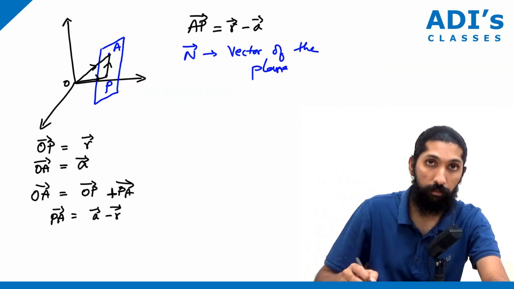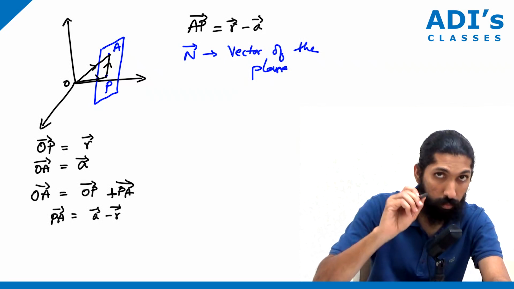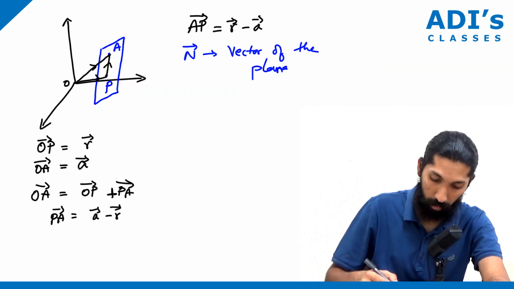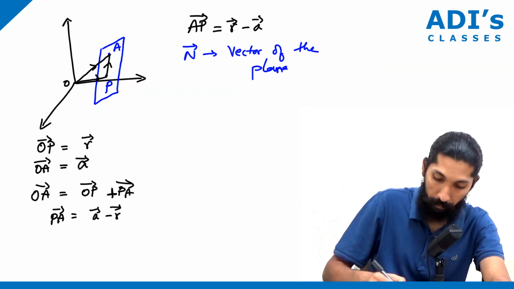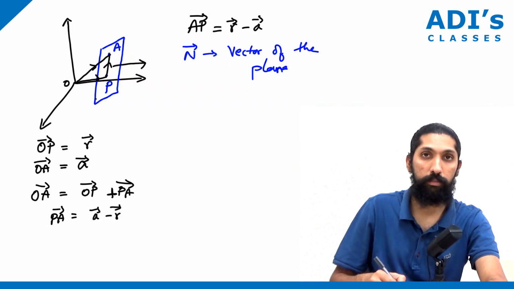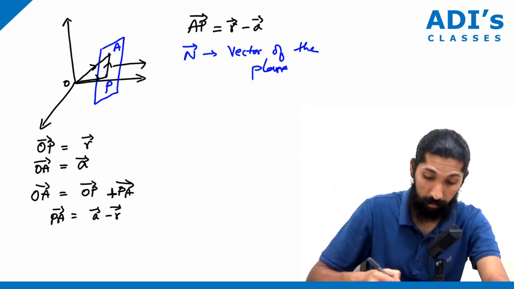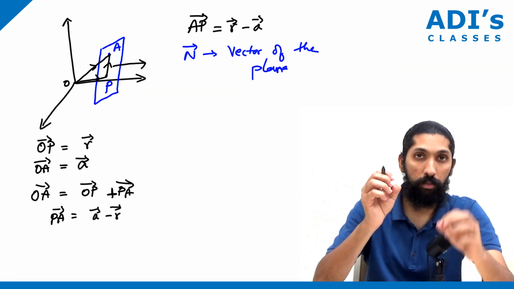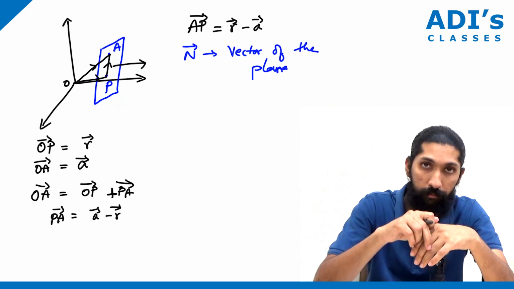We are going to apply the same thing here. There is one particular relation which is very, very important. On the plane, we are going to take one perpendicular like this. We have taken the vector of the plane as n vector, and the vector of the plane is nothing but the normal that we have.